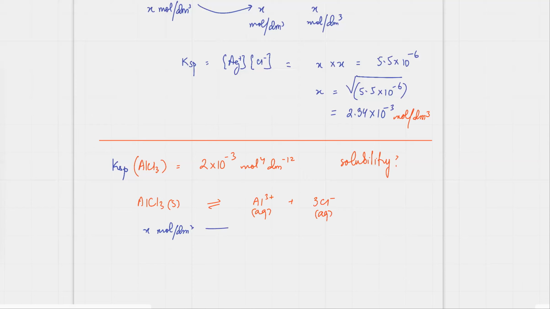To make the solution saturated, I dissolved x mole per dm cube, and they all went into the solution and dissociated. So one dissolves, produces 1 Al ion. So x dissolved, they're going to produce x mole per dm cube of aluminium ions. And one dissolves, produces 3 Cl ions. So the amount of Cl ions is going to be 3 times, so it's going to be 3x mole per dm cube. Is this clear?